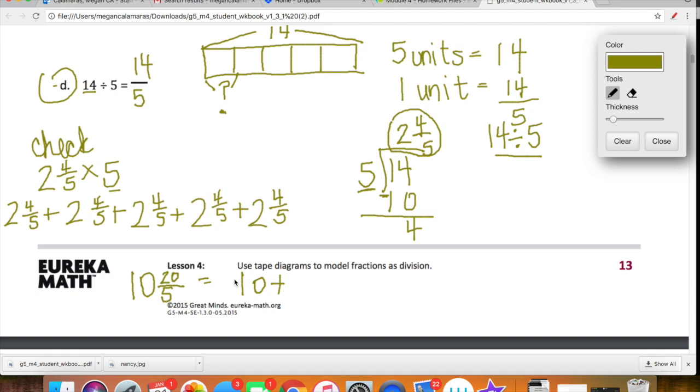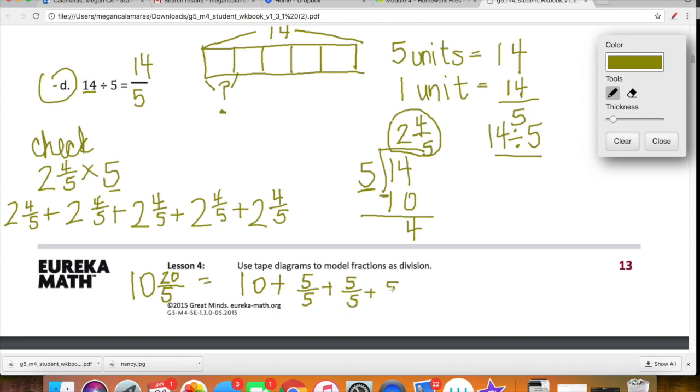We know a fancy way to rename whole number 1 in fifths language is 5 fifths. So how many 5 fifths can we pull out of 20 fifths? We can pull 4 sets of 5 fifths out of 20 fifths.